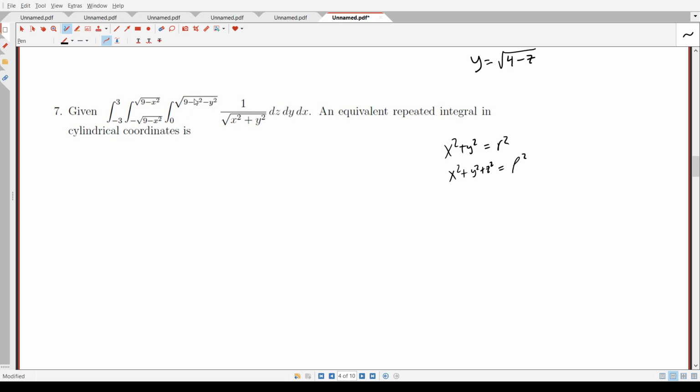So here I might have something spherical, but down here I only have x squared plus y squared, so I should be thinking polar or cylindrical.